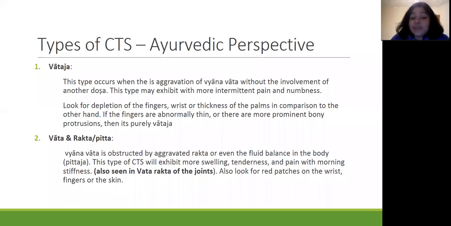So Vyanavata that is obstructed by aggravated rakta or even fluid imbalance, where fluid balance in the body is concentrated in one part and not necessarily evenly distributed, then in that situation, if you have carpal tunnel syndrome, there will be more amount of swelling. Very similar to the signs and symptoms or the differences between Vata Rakta and Sandhigata Vata.